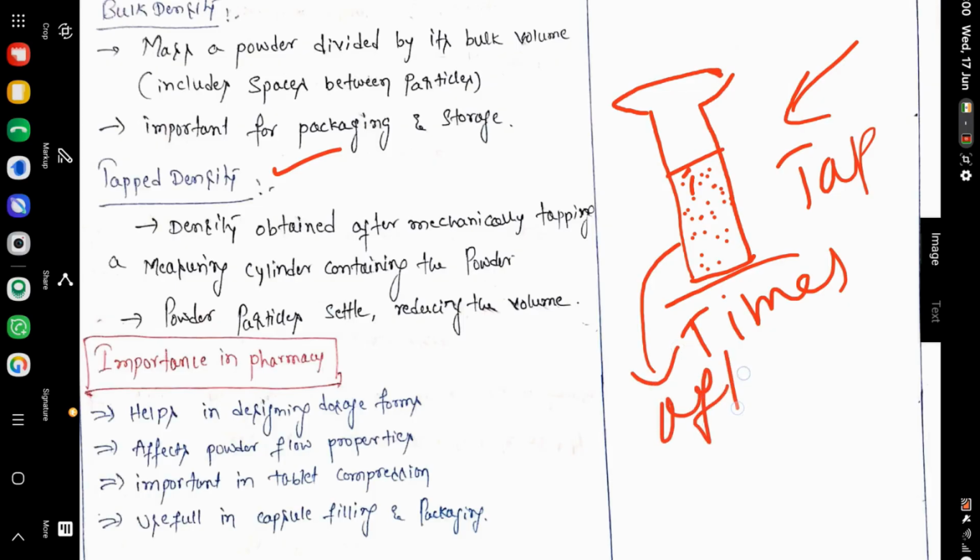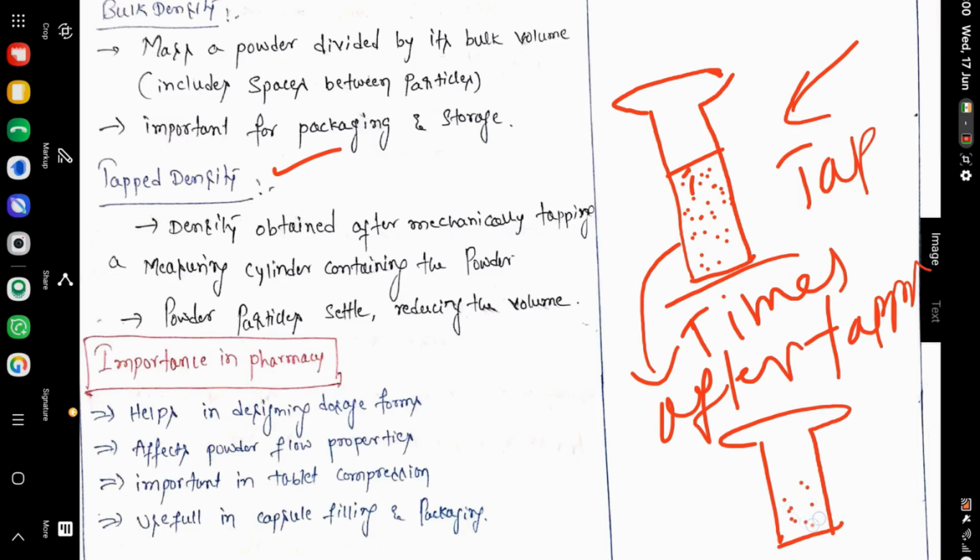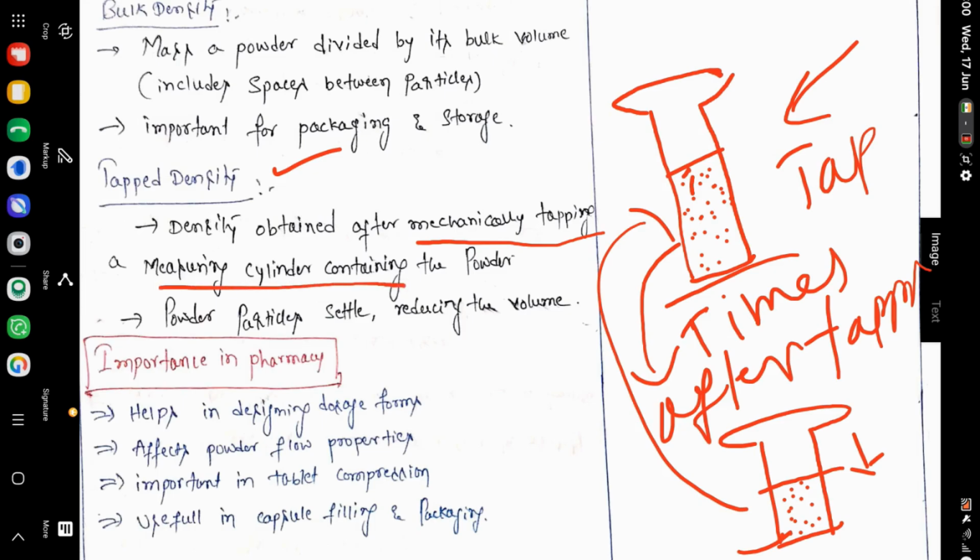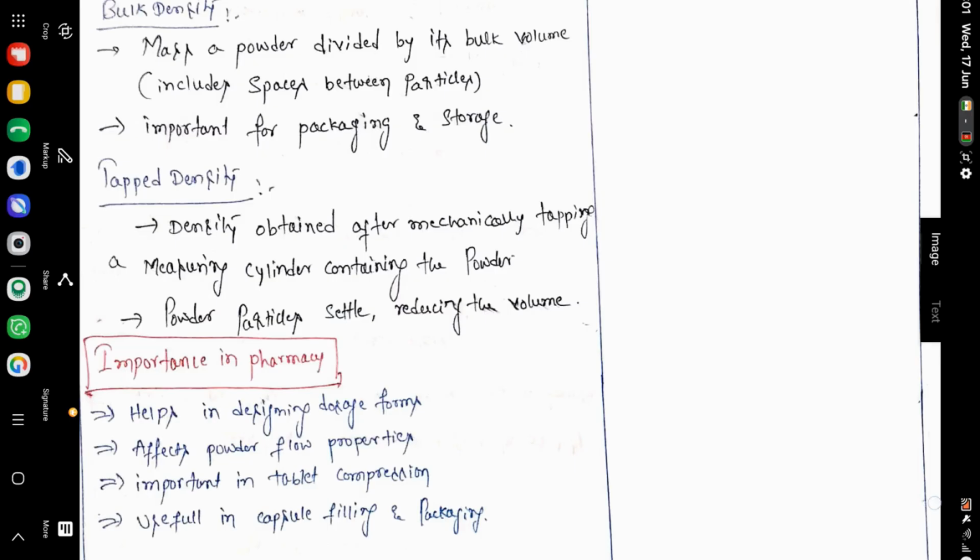After tapping, the volume of the powder is going to reduce. The density obtained after mechanically tapping in a measuring cylinder is called tapped density. Here the volume decreases, the powder particles settle, and the empty space between the powder particles is reduced.